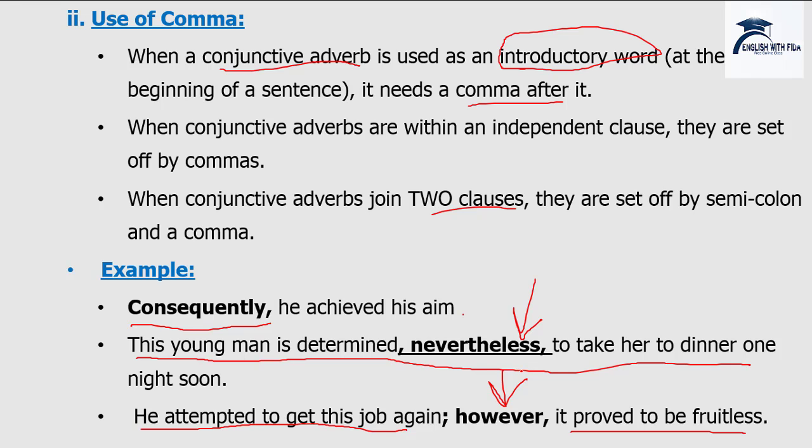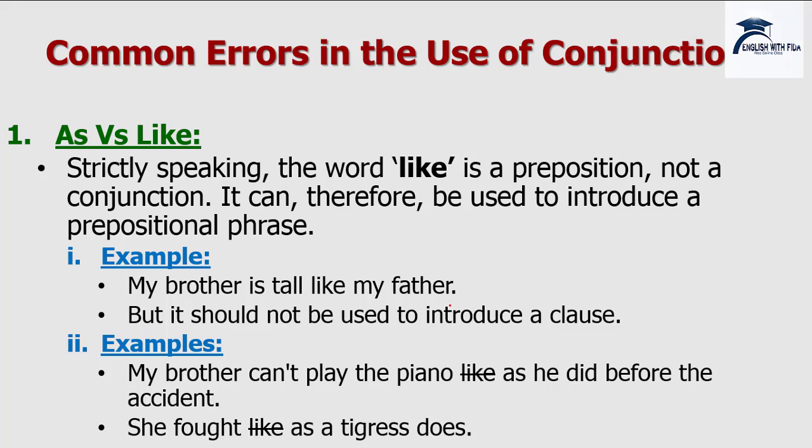Let's go through some rules now. Number one: as versus like. Normally students get confused by using as or like most of the time. As and like seem to be the same but they are different. As can connect a verb and like can connect a noun. In other words, like can be used before a noun, as is used before a verb.